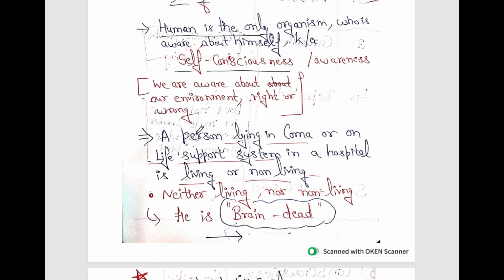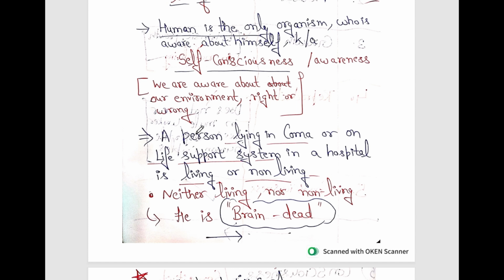The brain dead coma patient who is supported by a machine which replaces heart and lungs also has consciousness. So it is living, but it does not have self-consciousness, because it has lost the coordination of organs of different body parts.